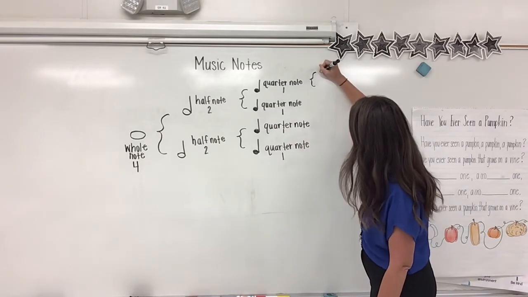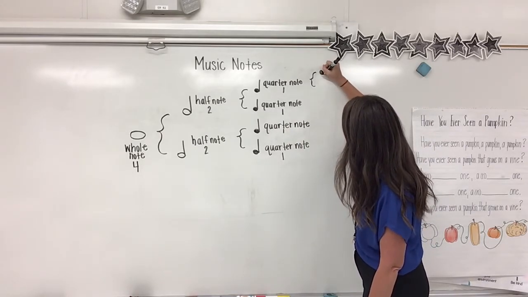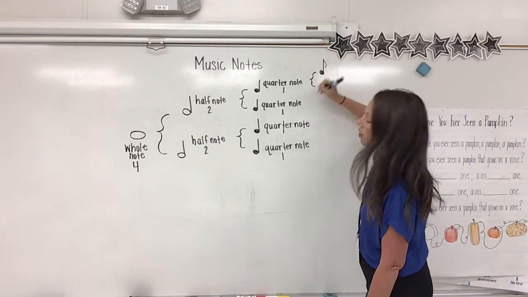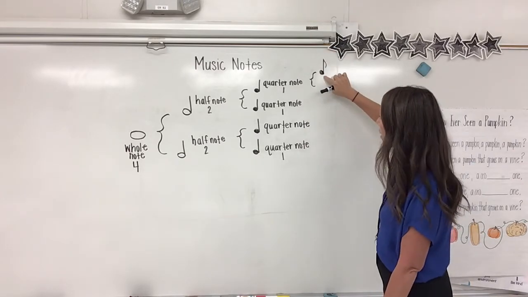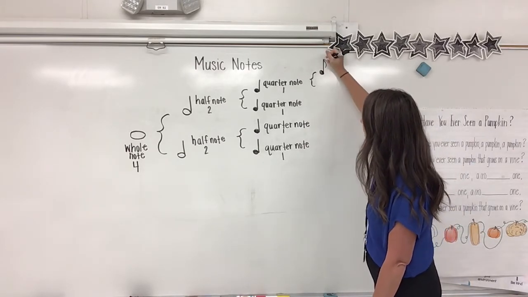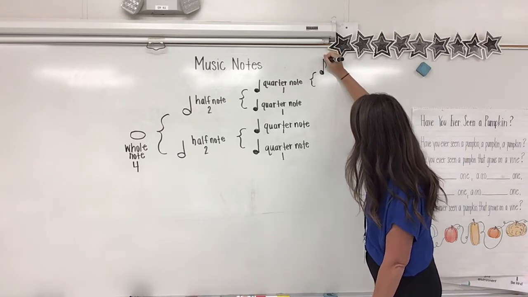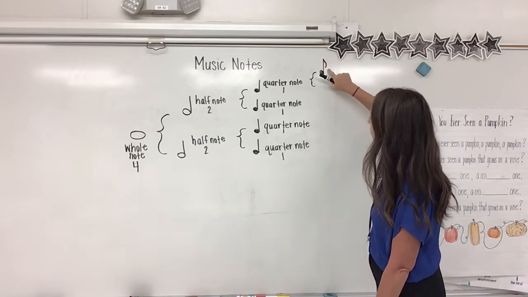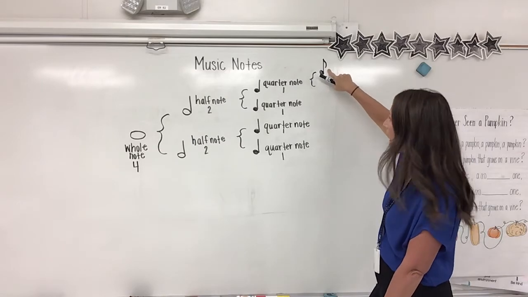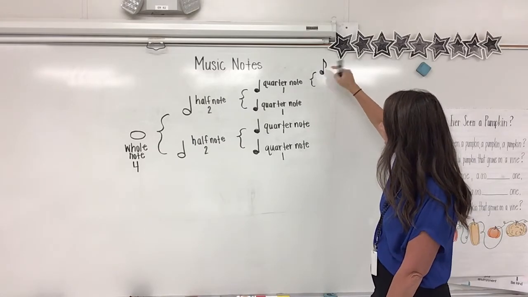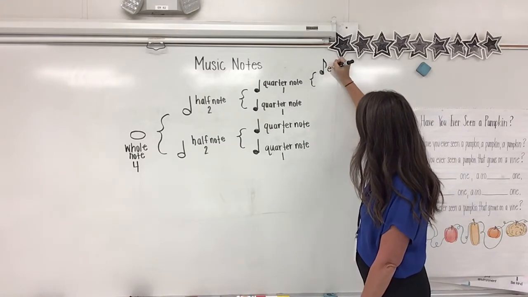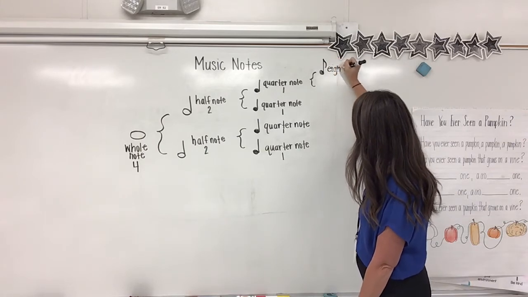And it looks like this. So you will see that this note has a head that's colored in, a stem, and then it's got this really cool piece here. This is called a flag. And this is an eighth note.